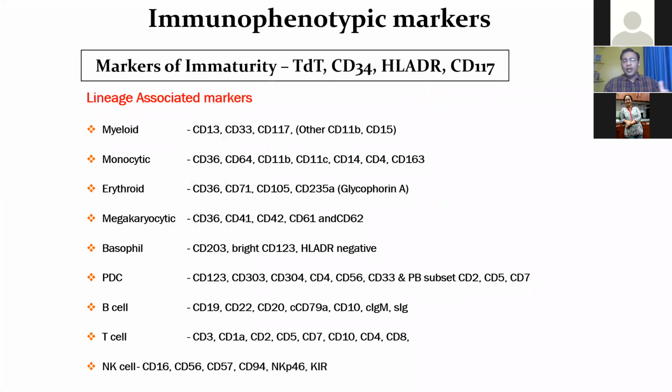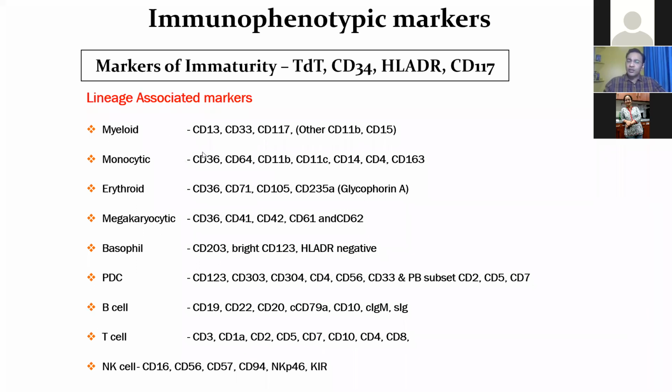Then there are different markers which we use for the identification of lineage. So what are these markers? For myeloid markers, we usually use CD13, CD33, CD117. We also use CD11b, CD15. These are also myeloid markers. For monocytic lineage, we use markers like CD64, CD11b, CD14.